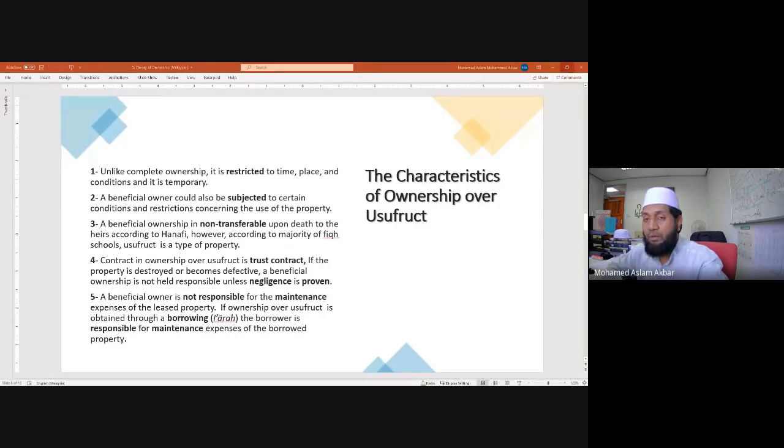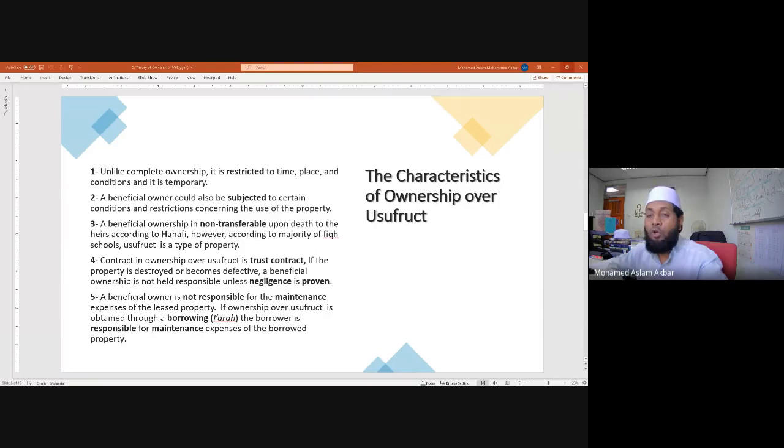This ownership can be obtained from ijara, which is actually leasing or renting. It can also be obtained from i'ara, which we call borrowing. Because when someone borrows, for example, your friend wants to borrow your car for 2 days, usually when you lend your car to your friend, you are not going to charge him because he's a friend.